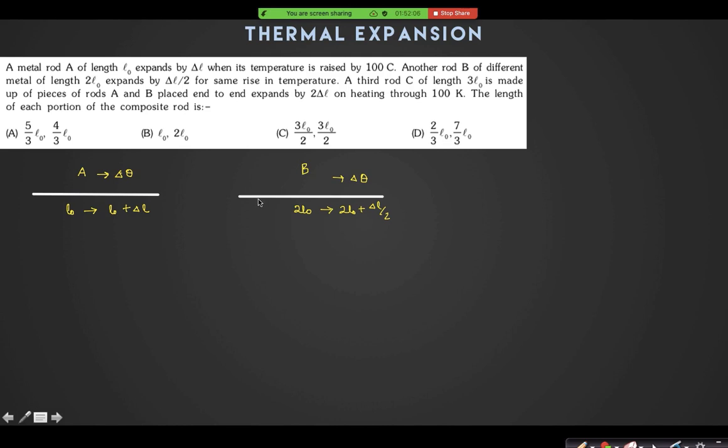Now suppose this is some other color event. Now I have made a rod C by combining A and B. A is up to this length and B is up to this length.